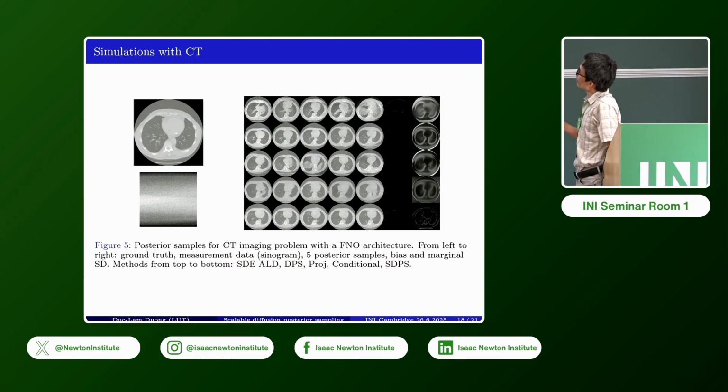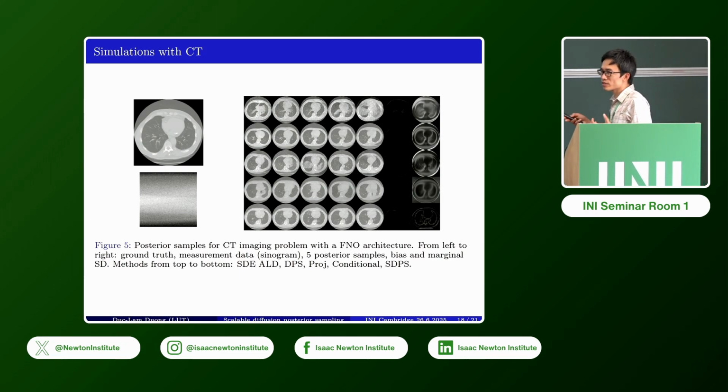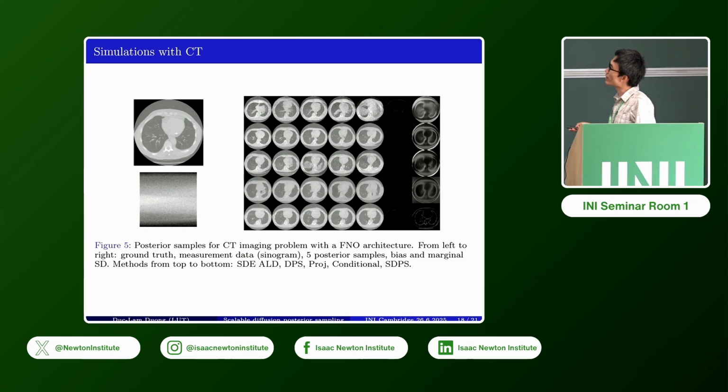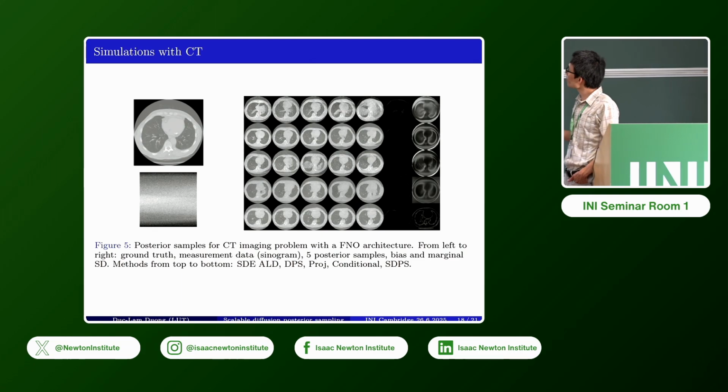The methods that we compare, from top to bottom: the first is annealed Langevin dynamics. The second one is the DPS method by Chung et al. The third one is a projection method. The fourth one is this conditional method that I mentioned previously, where they try to evaluate exactly this conditional score.